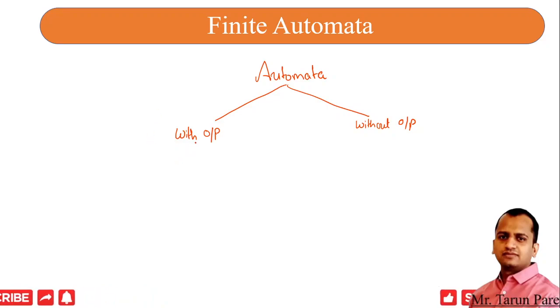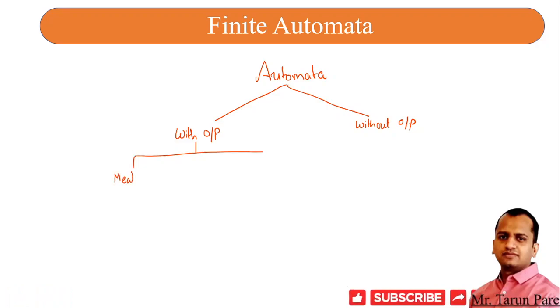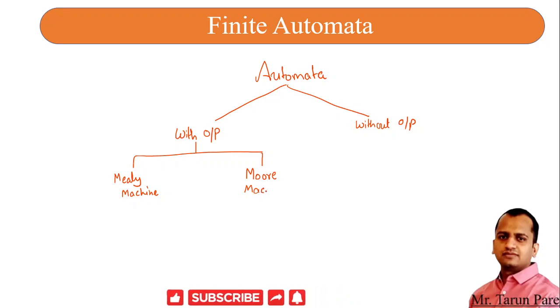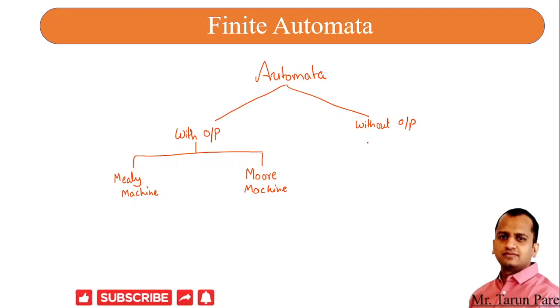They are Mealy machine and Moore machine. And if we talk about the automata without output, then they are classified into two forms.